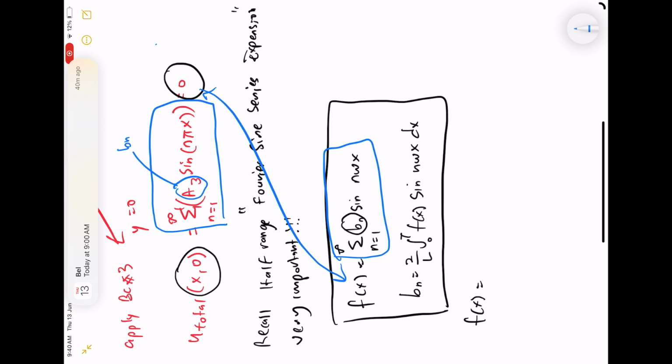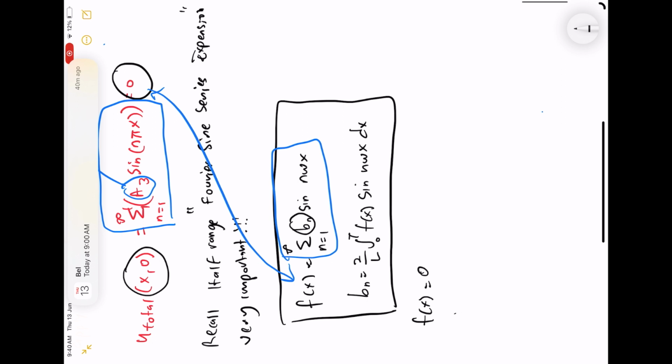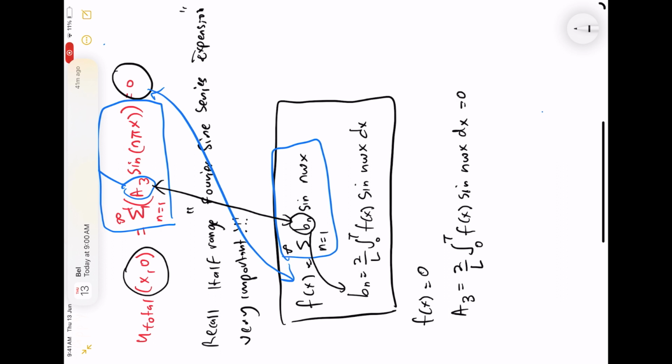So our f(x) is equal to 0, and then we can find bn using this formula here. So our a3 is 2 over L, integral from 0 to L of f(x) sine n w x dx, equal to 0.